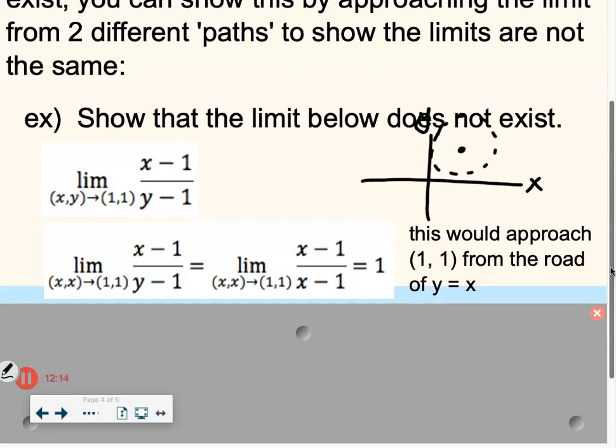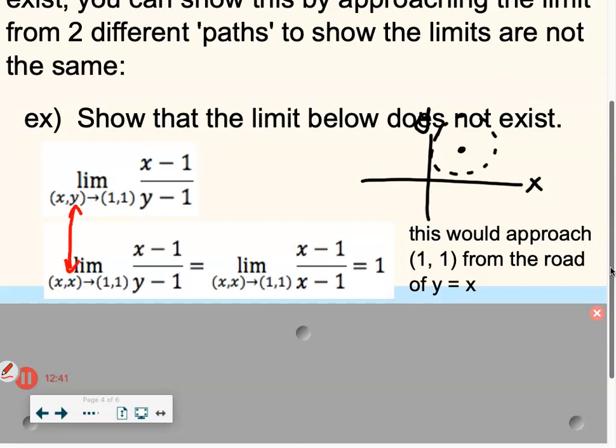So anyway, the first thing I'm going to show you is, instead of doing the point x equals 1, y equals 1, if we do the ordered pair x comma x approaching 1, 1. It feels weird, but you're on the line y equals x.